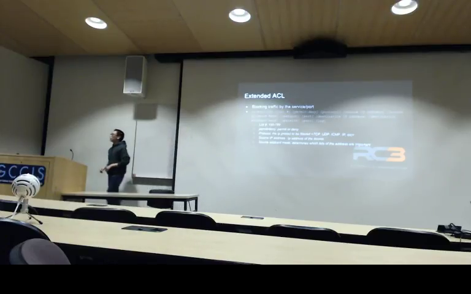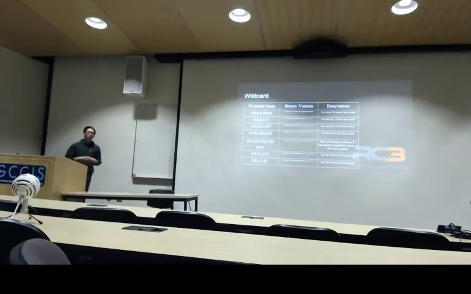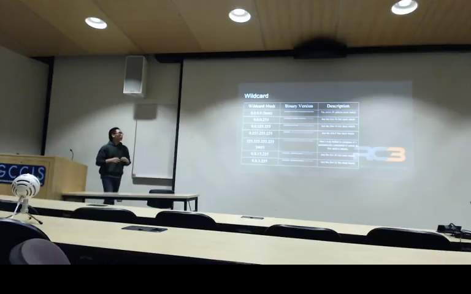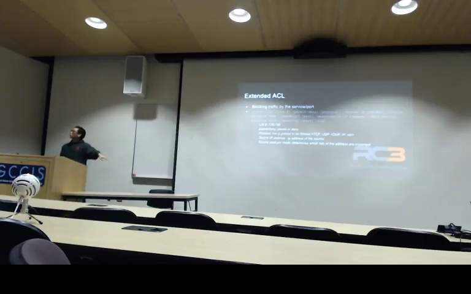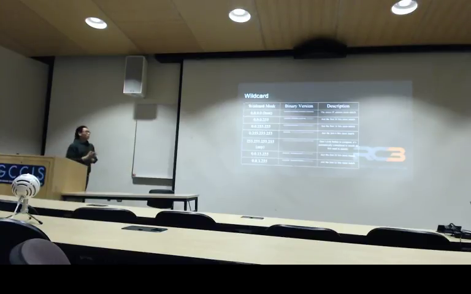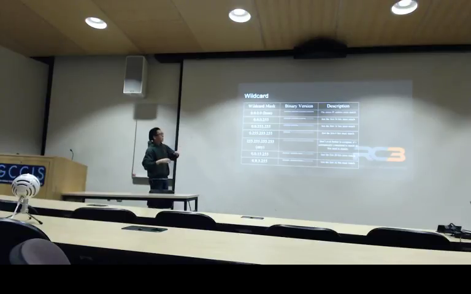So let's talk about what a wildcard is. A wildcard is basically how you specify what you're blocking. When you have 0.0.0.0 versus 255, the way the wildcard works is that it specifies which bits of that IP are matched.